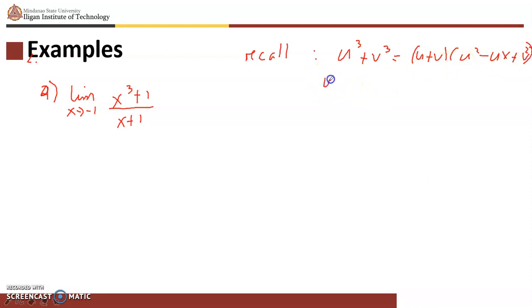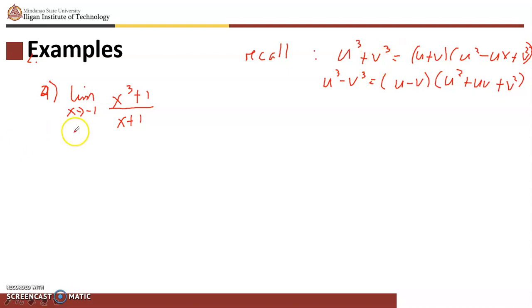And if you have u cubed minus v cubed, that is factored as u minus v times u squared plus uv plus v squared. At this point, what we're going to make use of is the factor of u cubed plus v cubed.